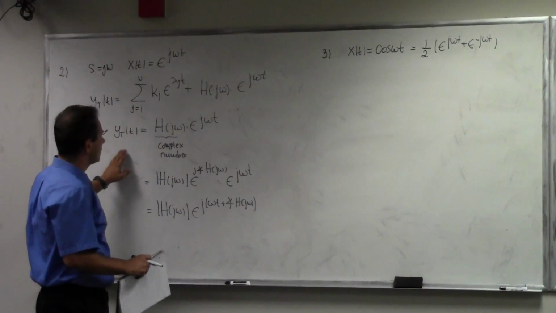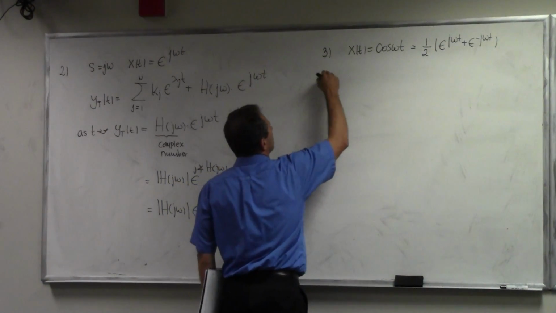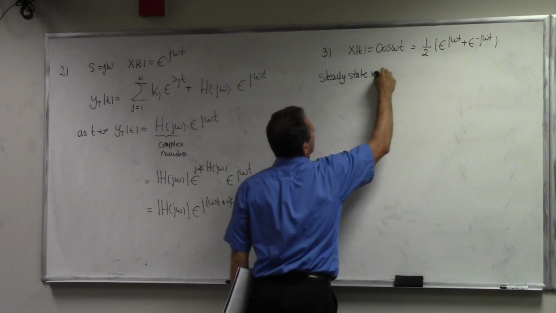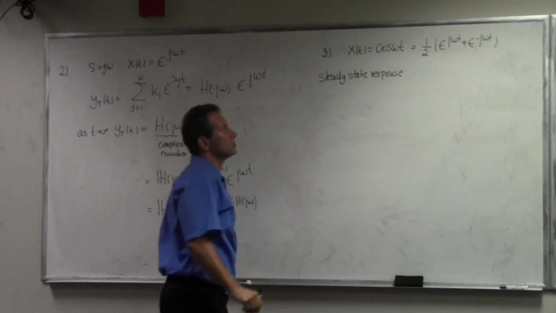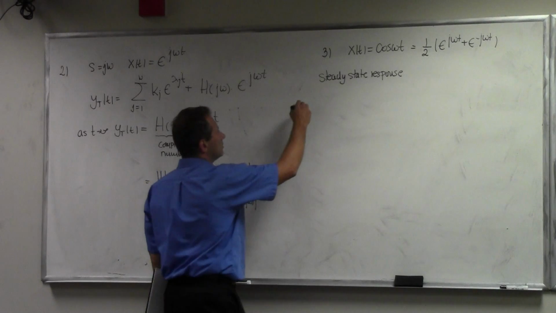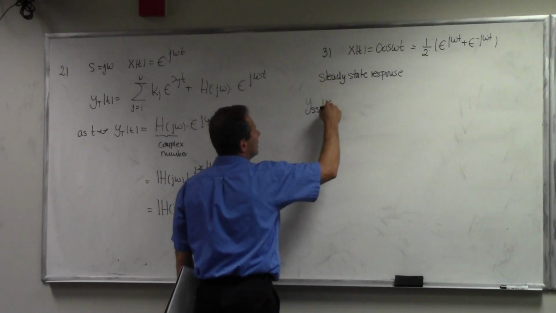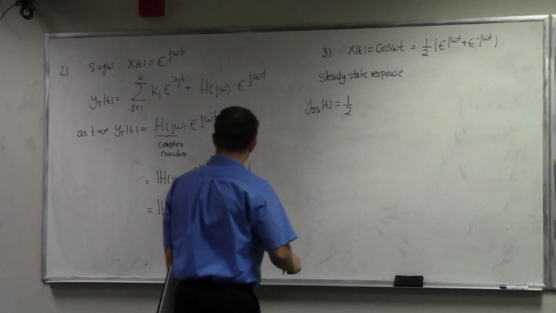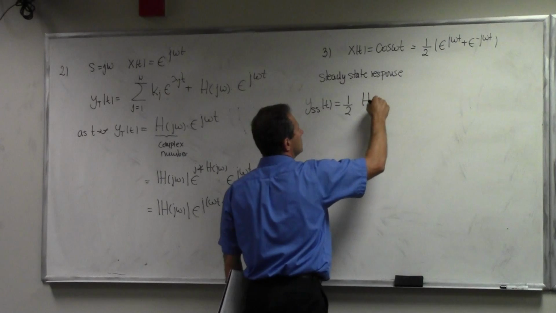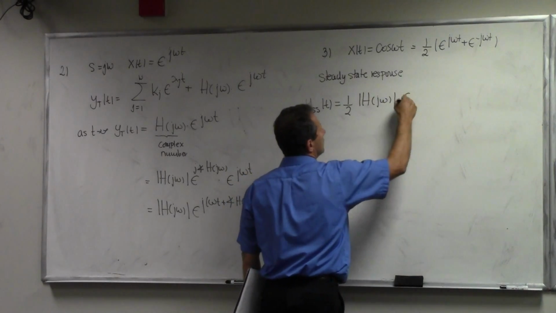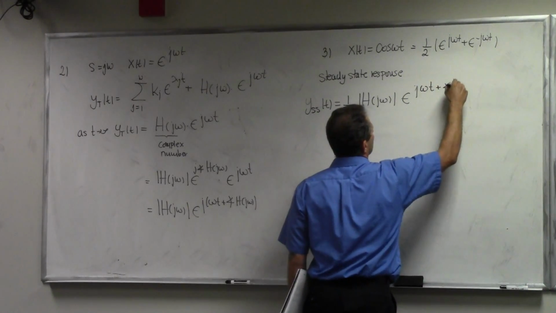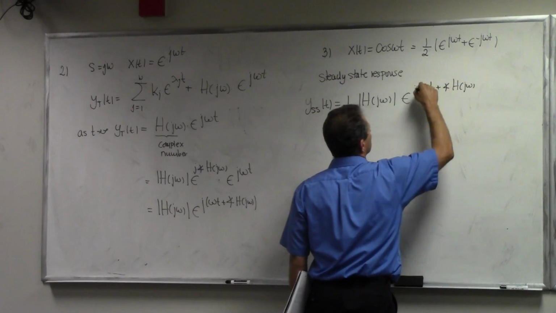So if I now look at the steady state response, meaning the total response of the system after a long time, I get that y steady state of t has to be equal to 1/2. Now look at this thing here. It will have to be the magnitude of h of j omega times e to the j, omega t plus the angle of h of j omega.